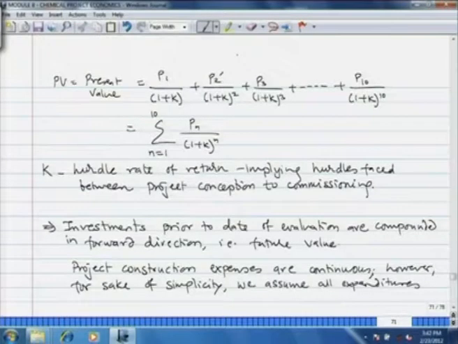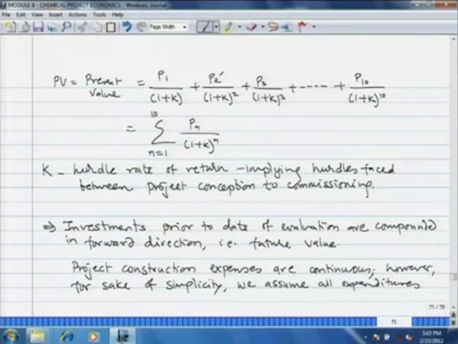So if the profit at the end of year 1 is P1, then its current value is P1 divided by 1 plus K. Similarly, the profit at the end of the second year is P2 and its value at time 0, at the present condition, is P2 divided by 1 plus K square, and so on and so forth. P3 divided by 1 plus K cube, and then P10 divided by 1 plus K to the power 10.